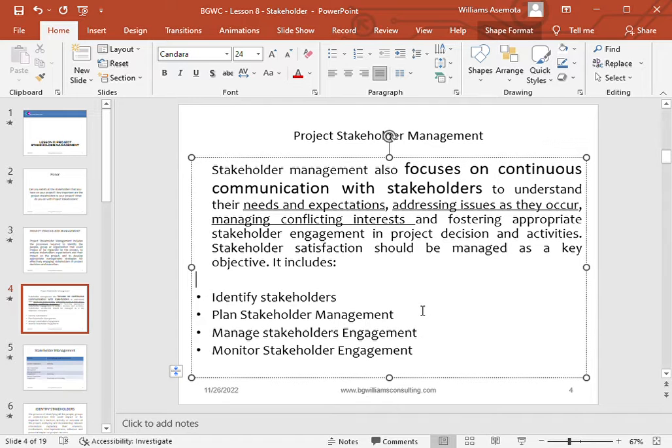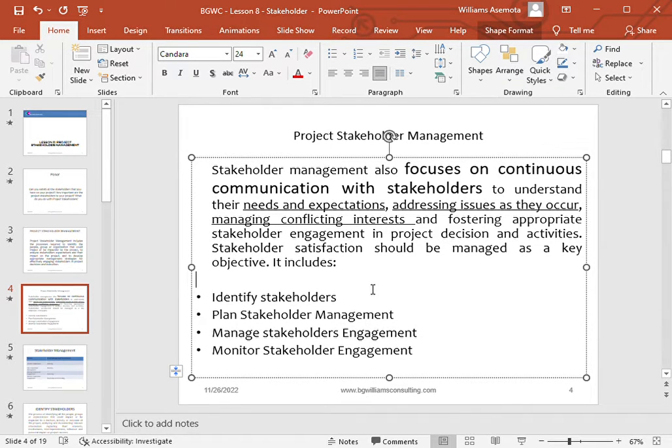Which means there must be consistent collaboration, consistent discussion, regarding all the necessary information that needs to be passed from one stakeholder to the other so that this engagement can produce a satisfactory decision. So let's look at the project management processes that need to be followed.